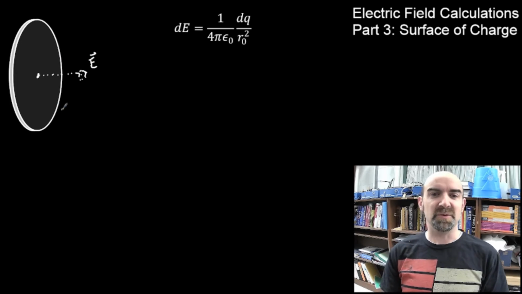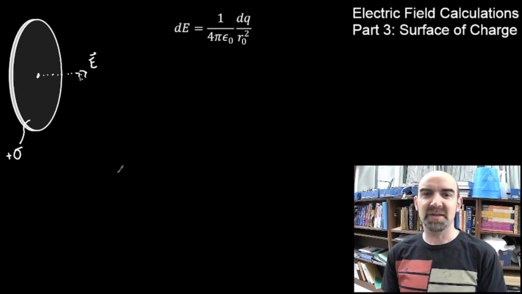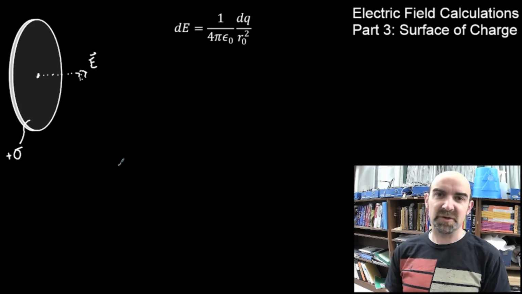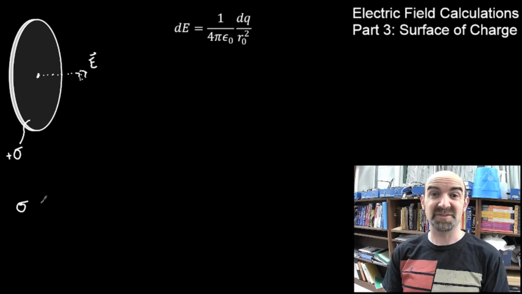Now, the electric field of this sheet is nothing right now until we give it a surface charge density, and that's defined as sigma. Sort of like the line of charge that had a linear charge density, this surface charge density is denoted by the Greek letter sigma, and that's equal to the total charge divided by the area of that circle.